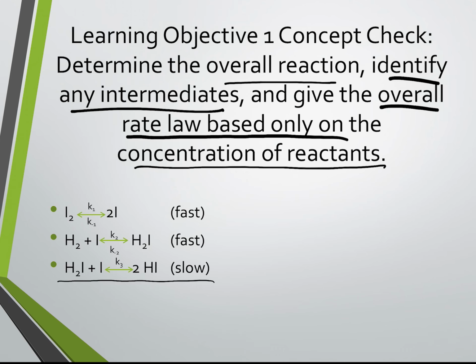If we look, we see that we produce I and then we consume I. So we produce two I atoms and then we consume those two I atoms. And then we also produce H2I and then consume H2I. So I and H2I are our intermediates.